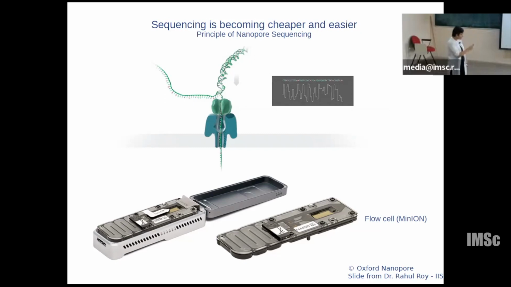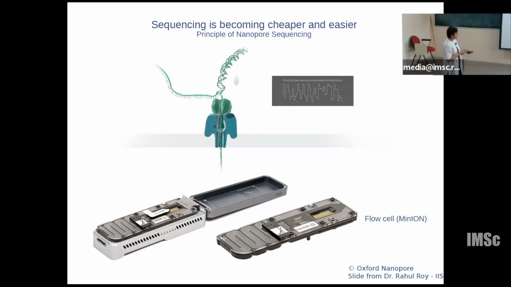As it's getting threaded through, it is stopping the flow of ions across this membrane, and you get the electrical signal that you see on top. From that electrical signal, we infer what chemical it is. That's how the sequencing happens.